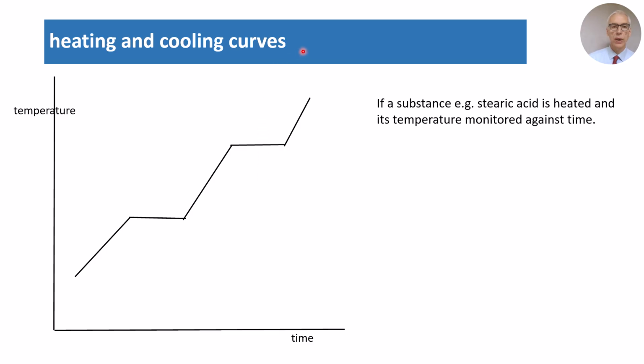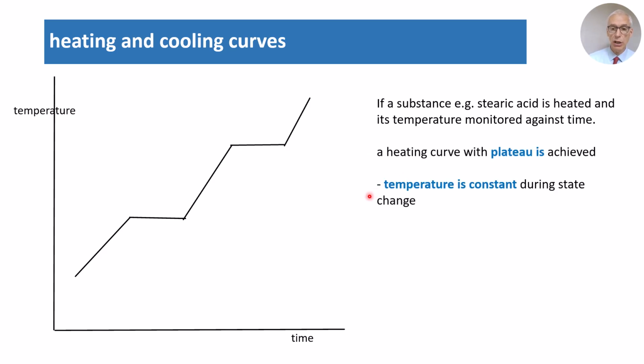So let's quickly revise heating and cooling curves. So let's imagine we're heating stearic acid. We're measuring the temperature and time, and we plot our temperature against time on 2 axes. We find that the heating curve produces plateaus.